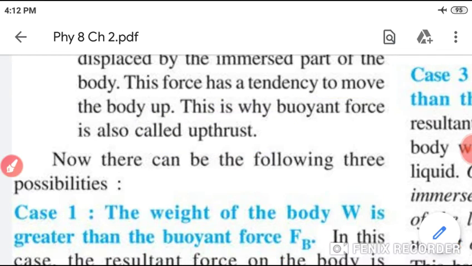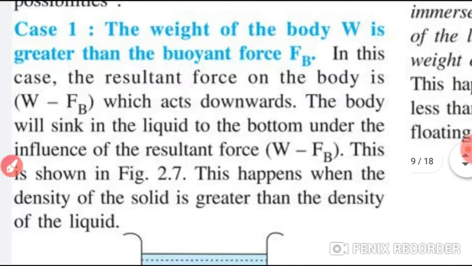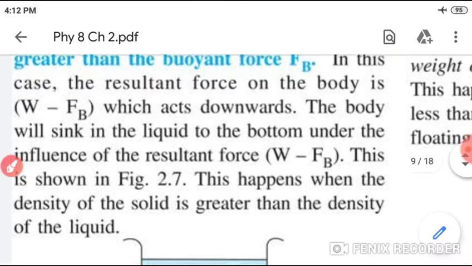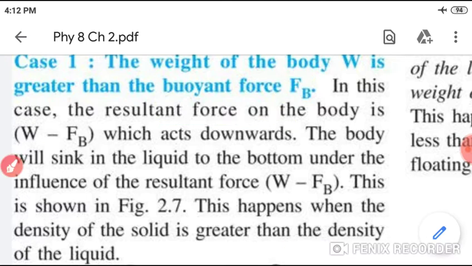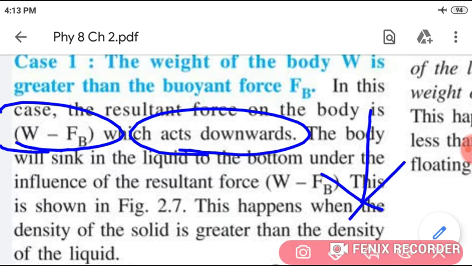Now, students, there can be three possibilities. First possibility, the weight of the body W is greater than the buoyant force FB. In this case, the resultant force on the body is W minus FB, which is acting downwards.